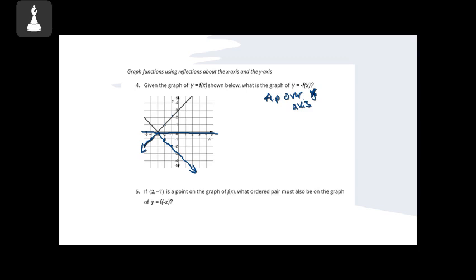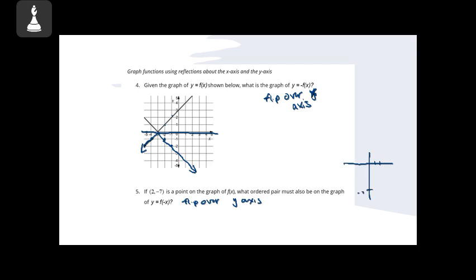If we have the point (2, -7) on the original function, what ordered pair is going to be on this graph, f of negative x? Well, negative x, like this, is a flip over the y-axis. So if I visually think about that, I'm here at positive 2 and down here at negative 7.